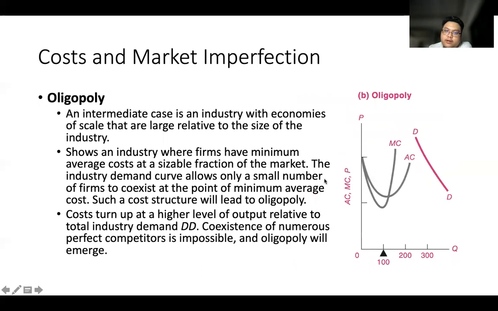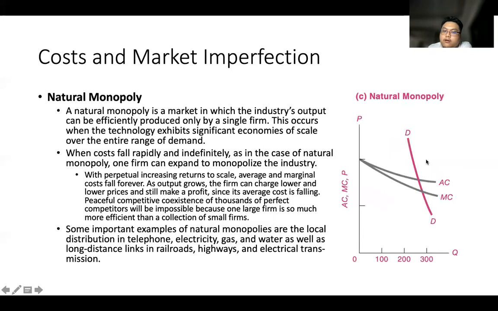As opposed to here, the intermediate case, remember the spectrum. Now we talk about oligopoly, where there are few sellers. Take notice of the numbers in the axes. In the x-axis here, it shows an industry where firms have minimum average cost at a sizable level of output.